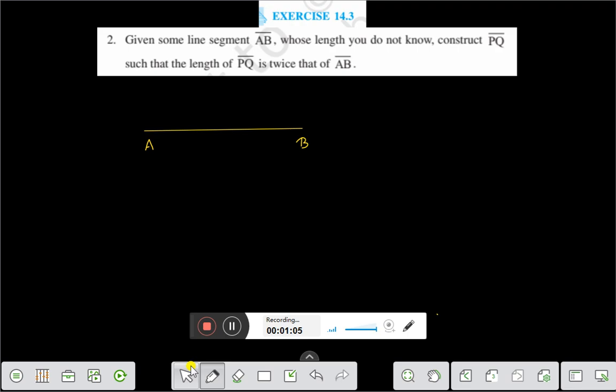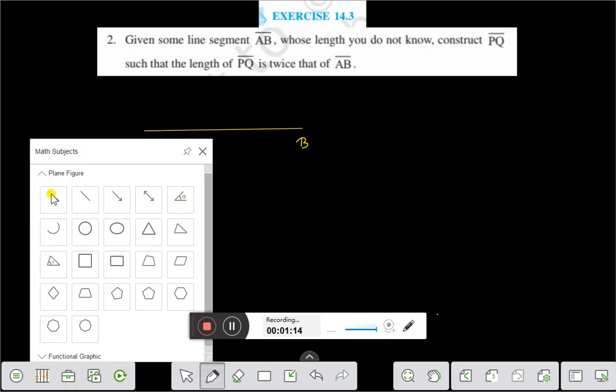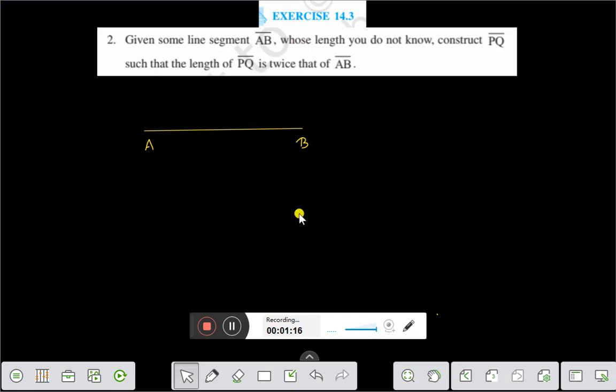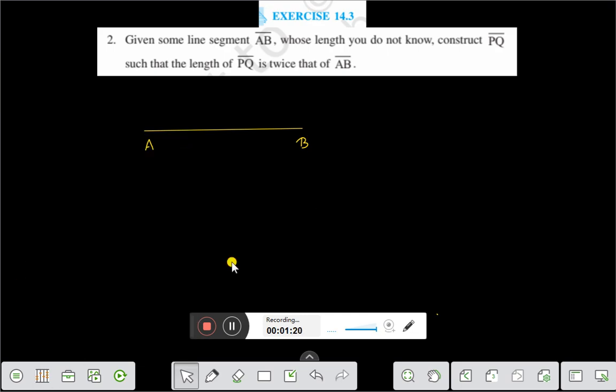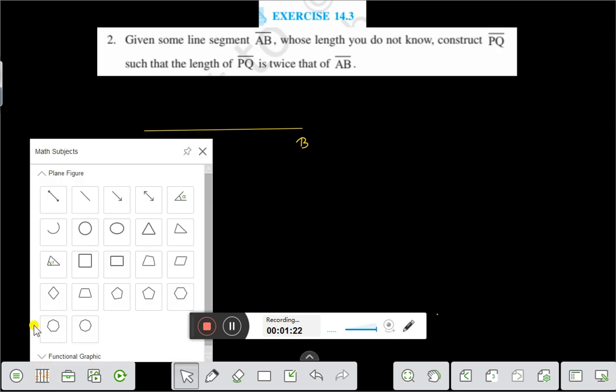Now let us take another line segment. We have taken another line segment here.